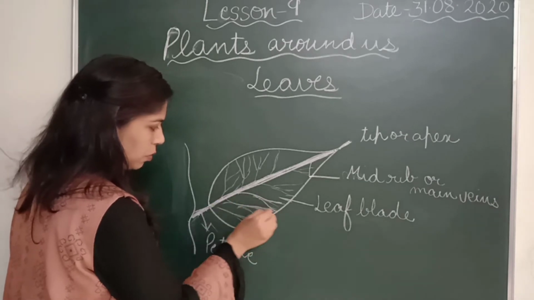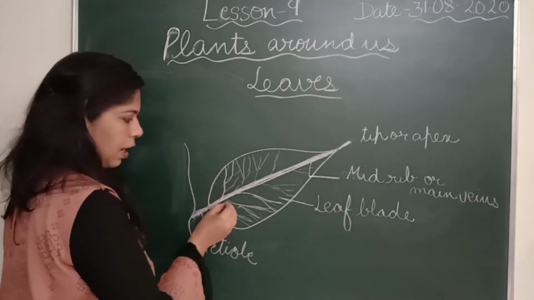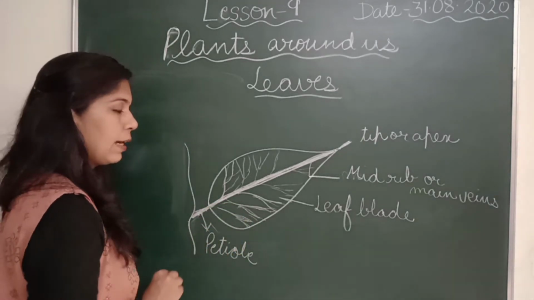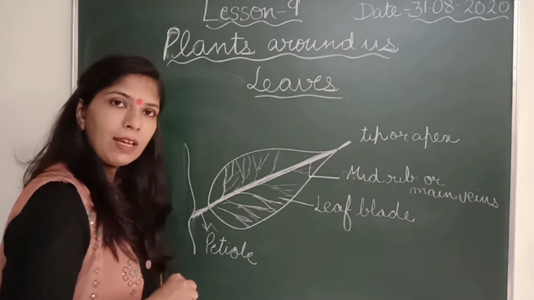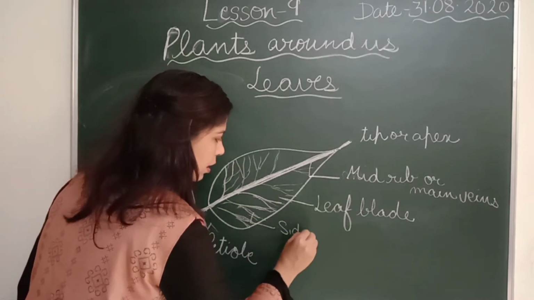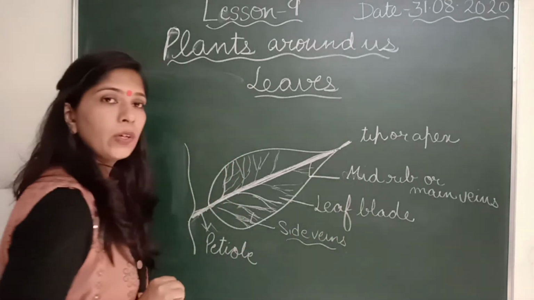Now check this. There are other small tubes along with this main tube. What do we call them? We call them side veins or simply veins. Got it?